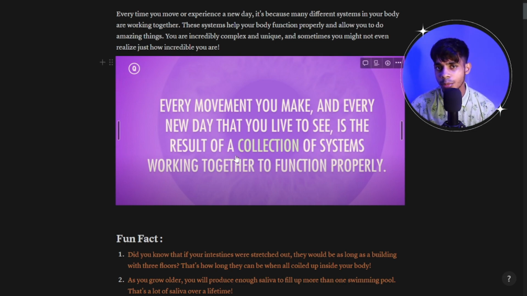So the first important point that I would like to mention here is every movement you make and every new day that you live to see is the result of a collection of systems working together to function properly. Like I said, you're walking, you're breathing and whatnot, you're doing multiple things on a daily basis, and you're able to do that because the parts and the systems in your body are working in coordination with each other, because of which you are able to do these day-to-day activities.